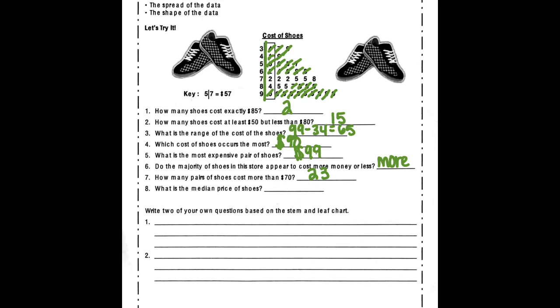Now I got to move to my 70s. So 72, 85, 72, 85, 72, 84, and then I'm going to do my 75, and then I've got to go to my higher number here to mark out my 78. So that leaves me with this 5 in the 7 stem row. So we have $75.